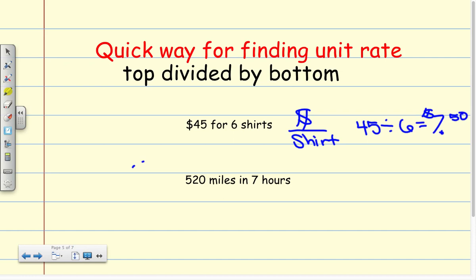Okay, let's use that same strategy for 520 miles in 7 hours. So it looks here like I want to know how many miles in an hour. Miles per hour is what I'm looking for.